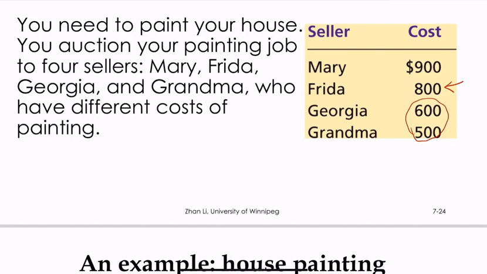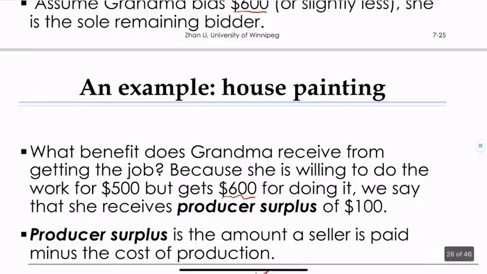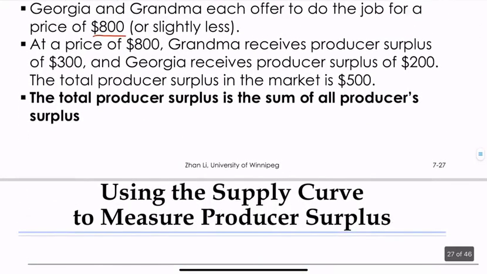In this case, if the price is $800, then for Georgia, her producer surplus is 200. For grandma, her producer surplus is 300. So the total surplus is 500. So here the lesson is the total producer surplus is the sum of all producer surplus.